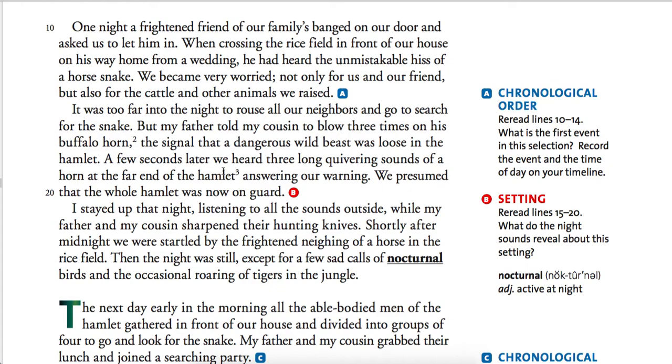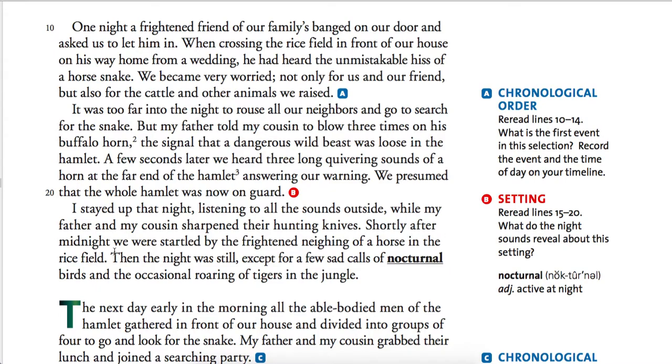A few seconds later, we heard 3 long quivering sounds of a horn at the far end of the hamlet, answering our warning. We presumed that the whole hamlet was now on guard. I stayed up that night, listening to all the sounds outside, while my father and my cousin sharpened their hunting knives.